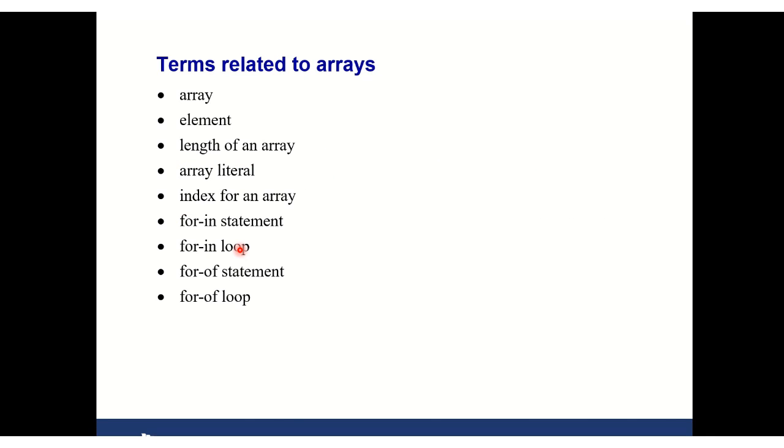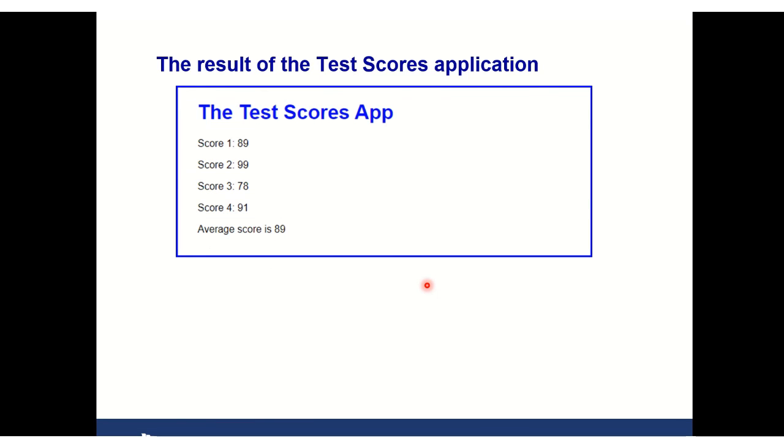What's next? So we have learned about the array, right? How to define the array. We learned about the elements of the array. We also illustrated the length. How do you obtain the length of an array? Then we switched our gear to the array literal, the index, the for in loop, for of loop, all those things we have learned here.